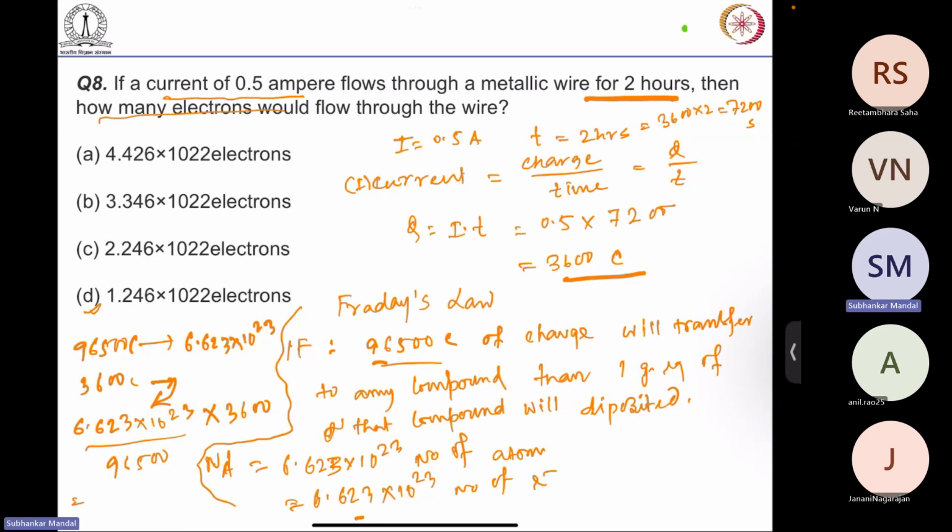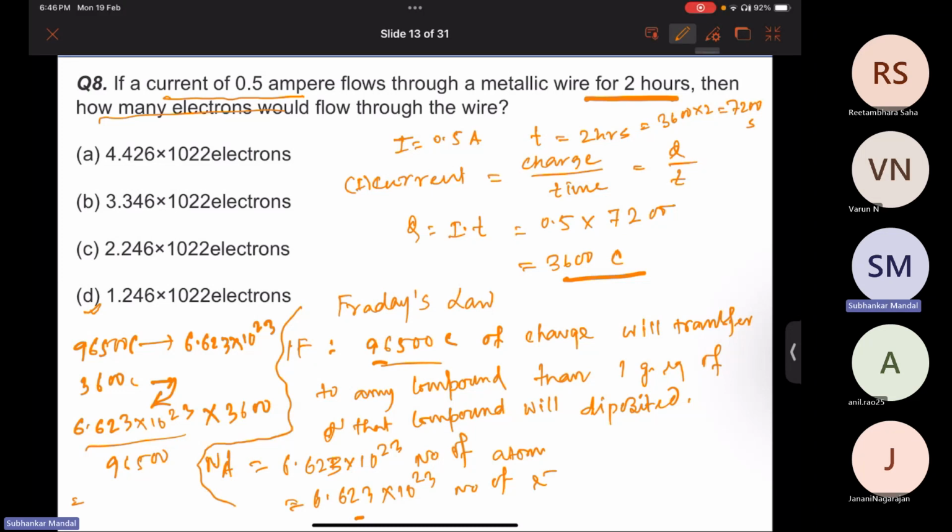I can take another color. 6.023 into 36 divided by 0.965. Okay, mine is coming 2.4246 into 10 to the power 22. This one is coming.